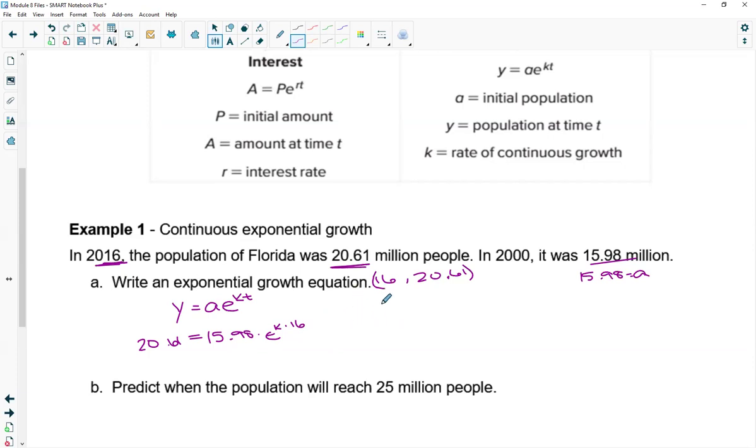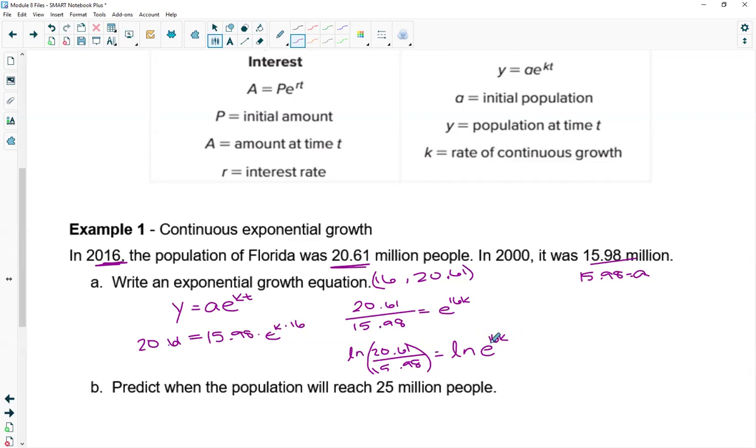So what we're going to do is divide by 15.98. I get 20.61 divided by 15.98 is equal to e to the 16k. And then since we're working with e, let's give both sides a natural log. So I can take the natural log of 20.61 over 15.98, and we're going to take this as the natural log of e to the 16k.